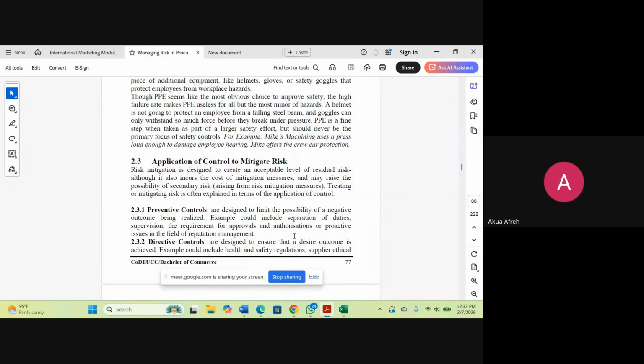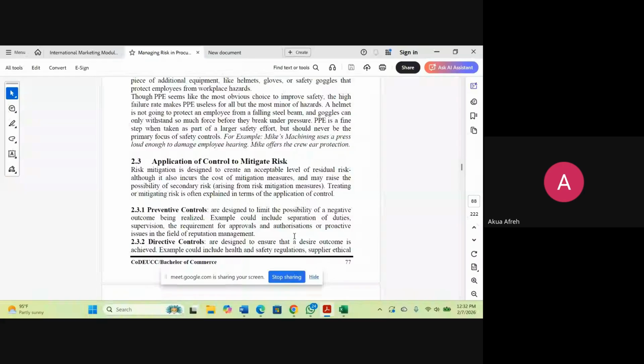The first one is the preventative controls. With this one, you stop the risk from happening. So you can just connect them to the 40s. It depends on how you are going to explain. So with the preventative controls, the purpose is to stop the risk from happening.